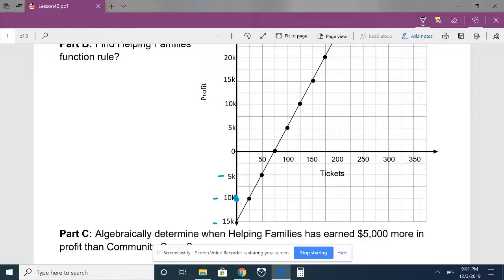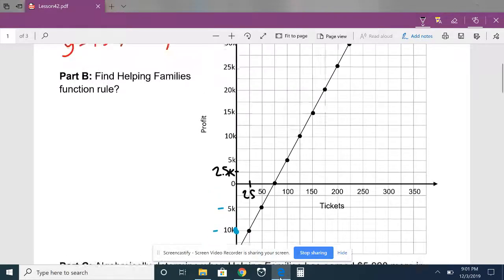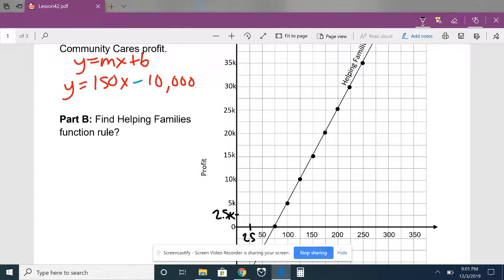Between 0 and 5K is 2.5K, so it means you're going up 2.5K, and over is not one box, it's going over 25, since that's in between 0 and 50. So it's kind of tough converting 150 as a slope, instead of going up 150 to the right one, and then using these intervals to see where the next point is going to lie.